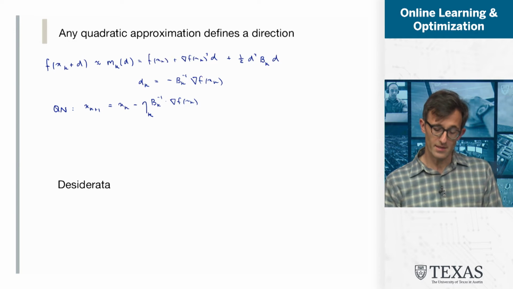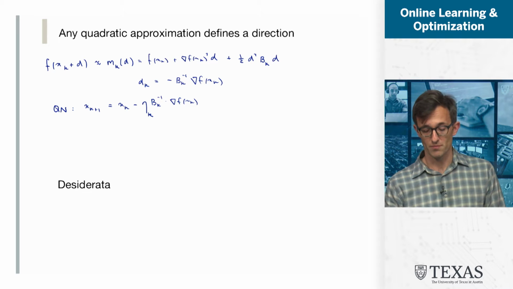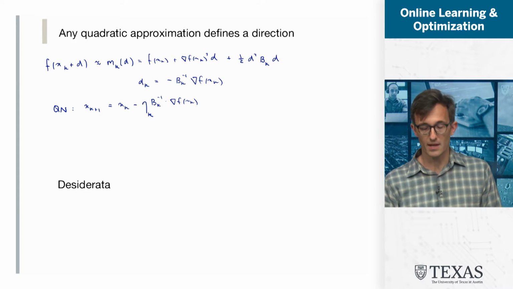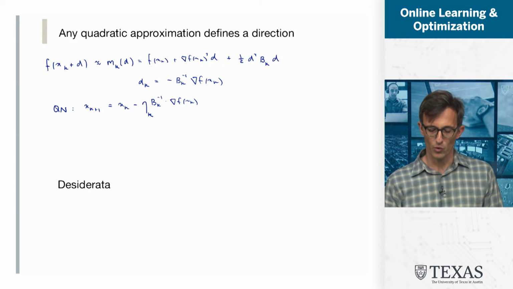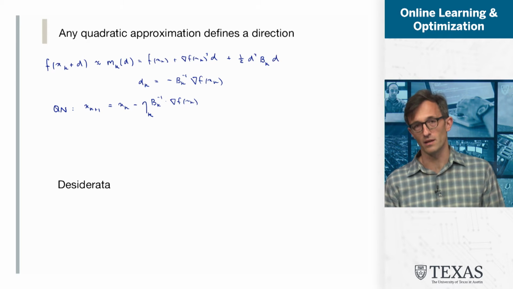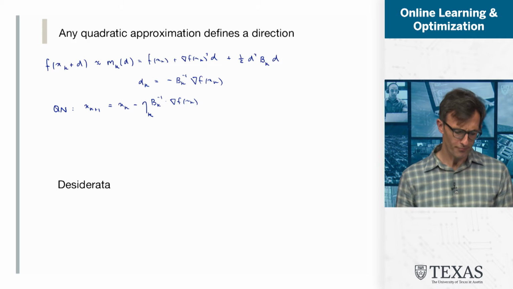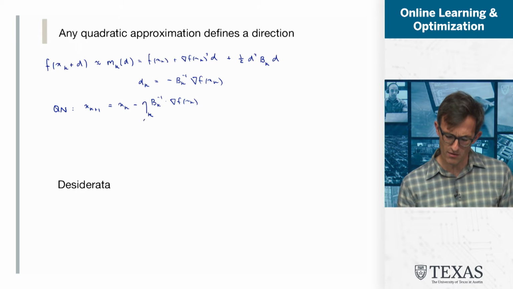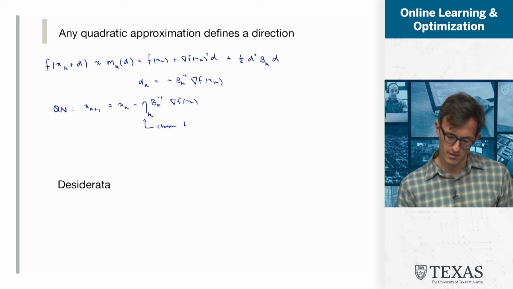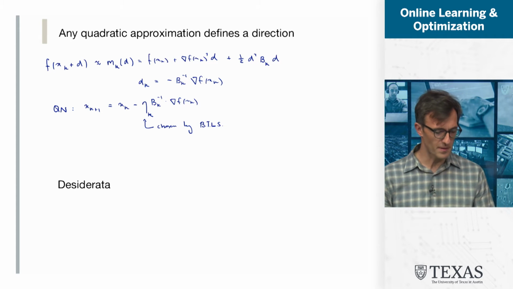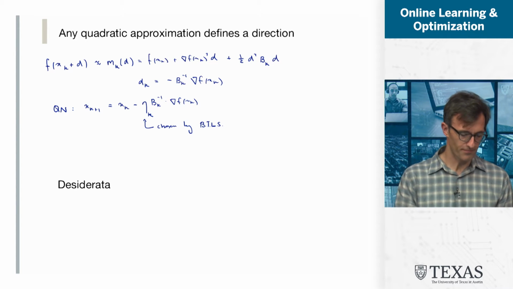So the step size is typically chosen by backtracking line search, which we discussed in the context of Newton's method. We're going to go into more detail on exactly what flavor of backtracking line search we need in a few slides. But for now, it's enough to mention that this is chosen by backtracking line search. And I'll specify the details later.